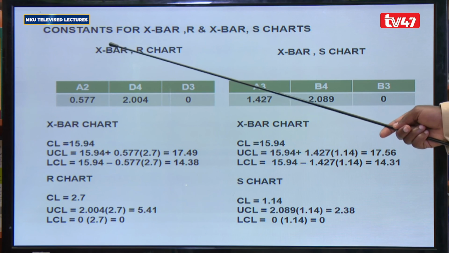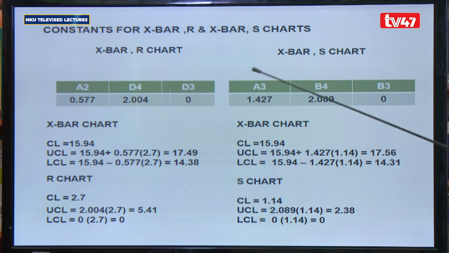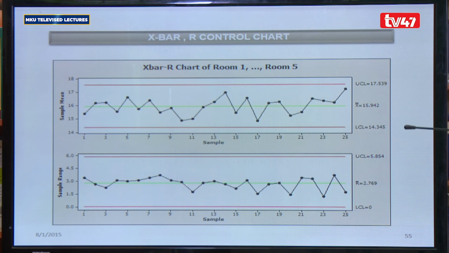So here we have the X bar and R chart combined, and the X bar and S chart combined. We can plot them as follows. This is a computer output. Here we have the upper control limit and the lower control limit, and these are the individual points for the averages of the time taken to clean each room.